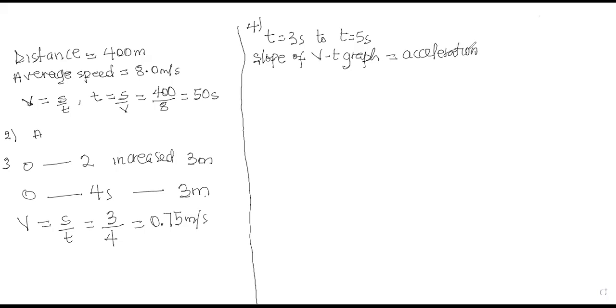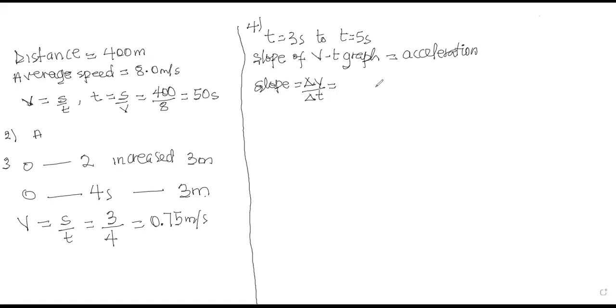So once we are asked to find the acceleration within the time interval t equals 3 to 5, it means we must look at the slope. The slope is equal to change in the vertical, delta v, over change in the horizontal, delta t.